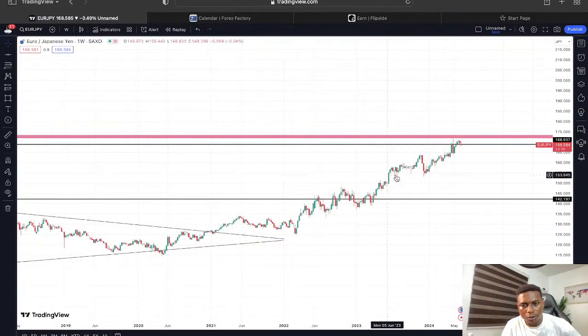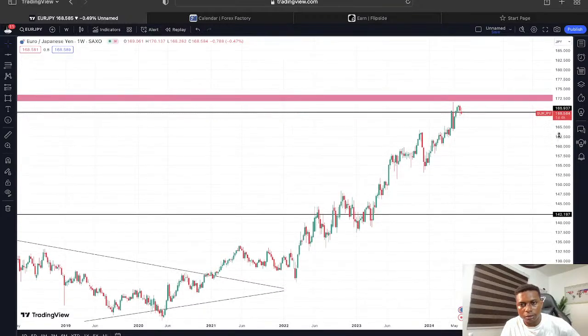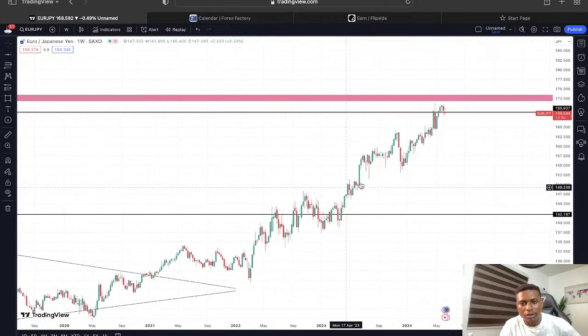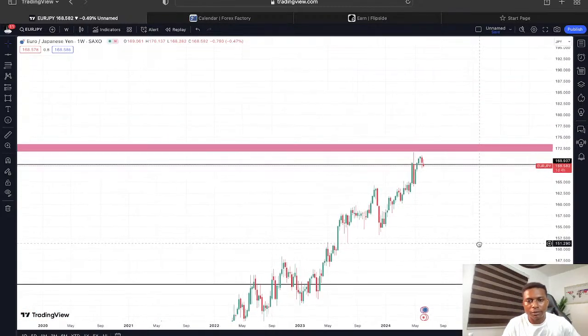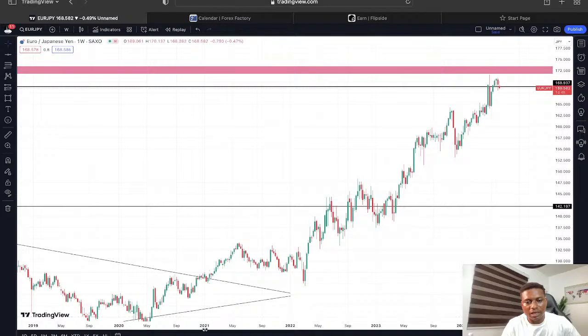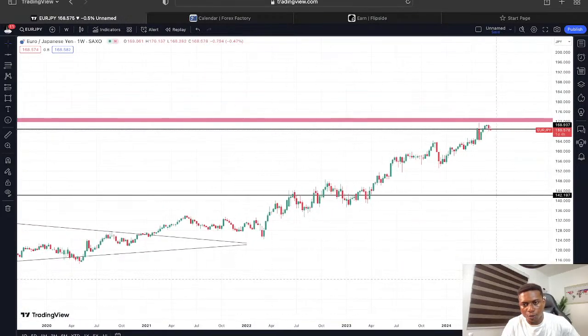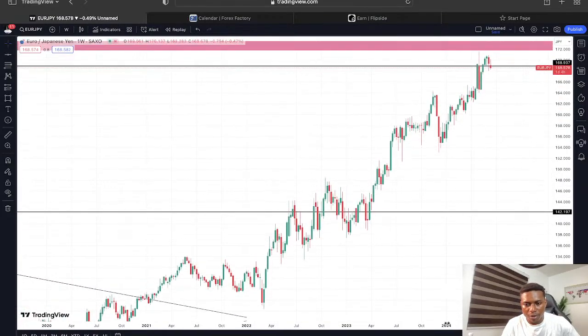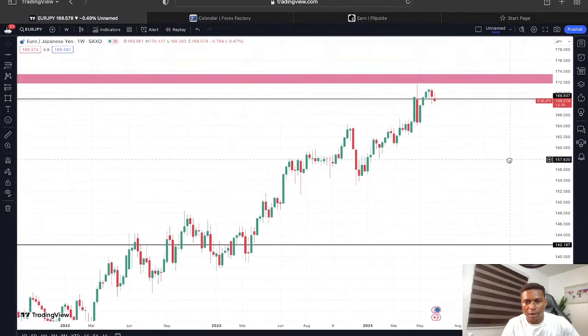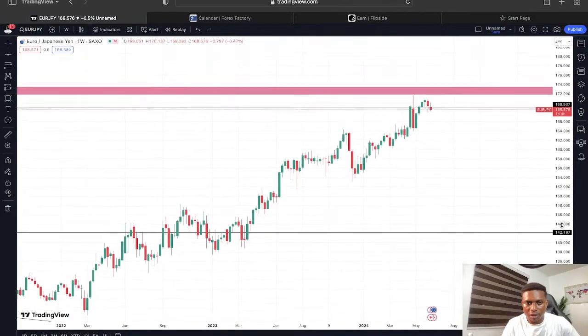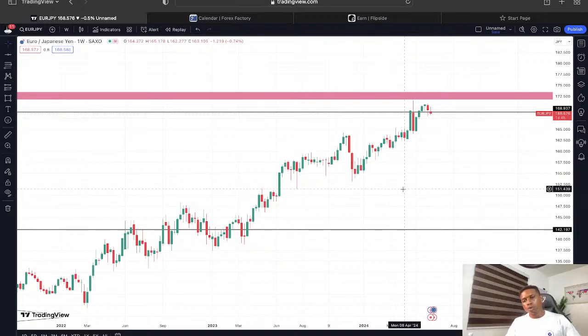Okay, good. So what we can see here now, like I pointed out, is that price has gotten to a level it has never gotten to in a long time. So what do we expect? A drop in price. This is even looking like an interesting sell for a good swing. You can see how price has dropped this week.